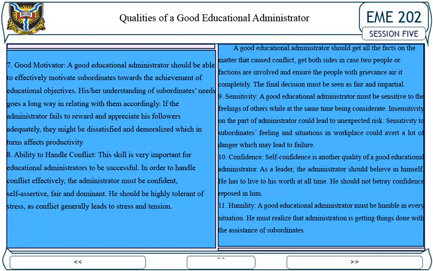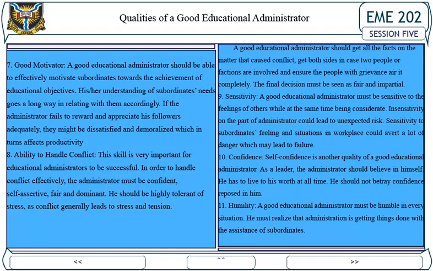7. Good motivator. A good educational administrator should be able to effectively motivate subordinates towards the achievement of educational objectives. His understanding of subordinates' needs goes a long way in relating with them accordingly.